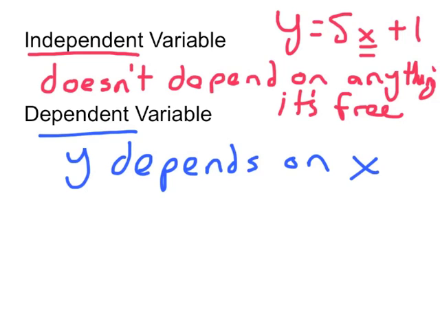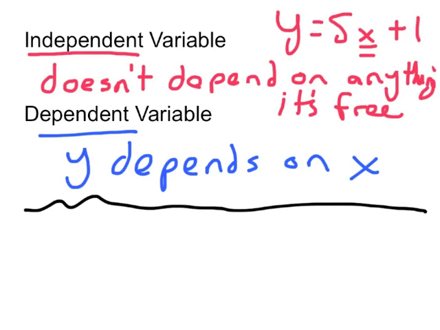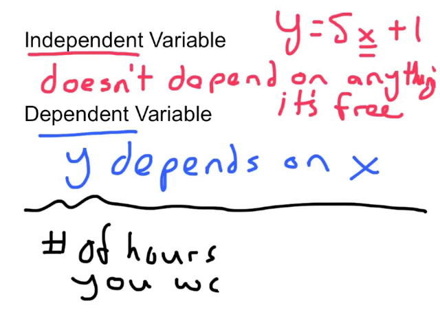And you're probably wondering, why is this important? What is really happening here? Well, a good example is when you think of working a job. Which comes first when you have a job, the work or the pay? Well, the work has to come first, so the number of hours you work comes first.